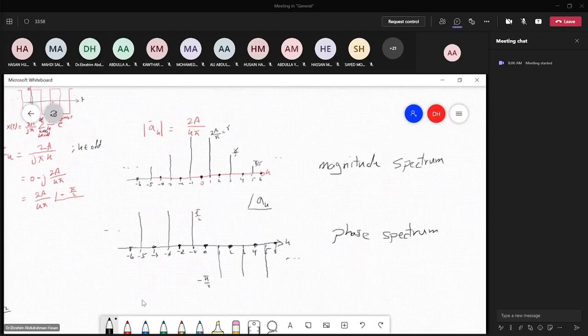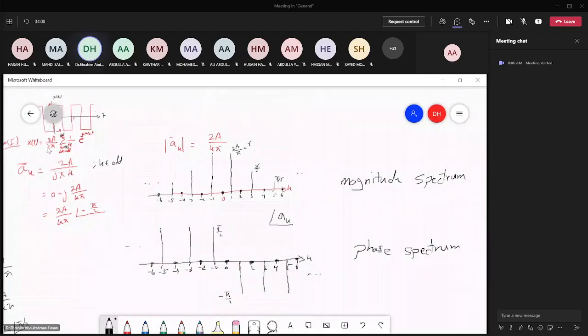Notice, when k is equal to 1, we will get this one. This one we call the fundamental, omega naught. While for k equal to 3 it is 3 omega naught, 5 omega naught, and so on. All these we call harmonics. But this one is the fundamental.